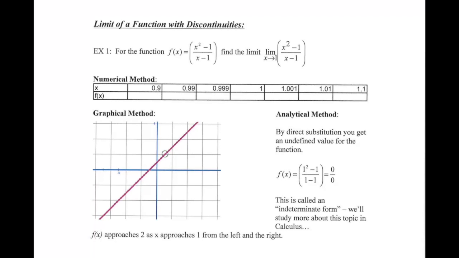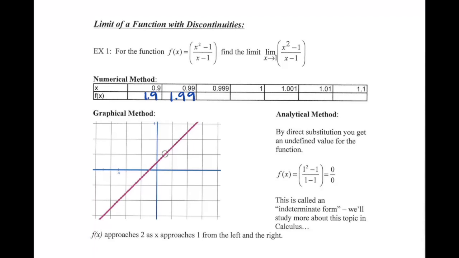So I'm going to first try approaching from the left, and I'm going to plug in 0.9. Those values are being determined by the fact that we're approaching a 1. So we'll start about a tenth away. So 0.9, I plug it in, and I get a 1.9. If I plug in 0.99, I get 1.99.